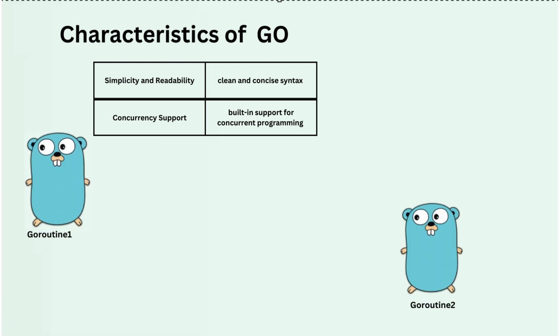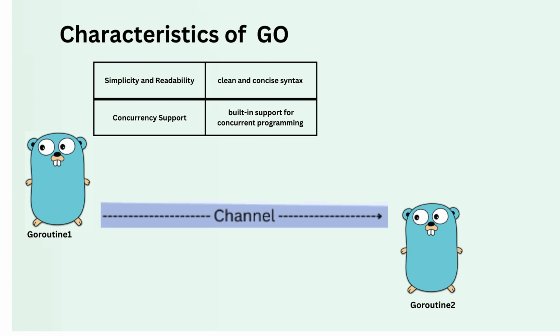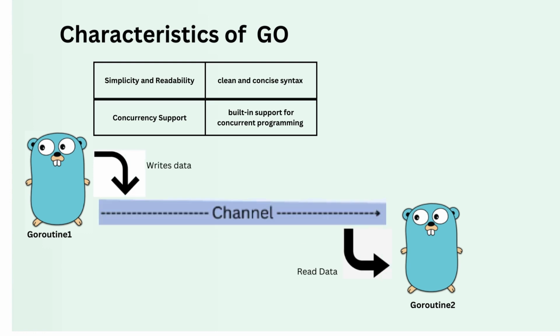Go's concurrency model relies on Go routines, such as Go routine 1 and Go routine 2 given here, which are lightweight threads capable of running multiple functions concurrently. It also uses channels, a built-in mechanism for safe and efficient data exchange between these Go routines.